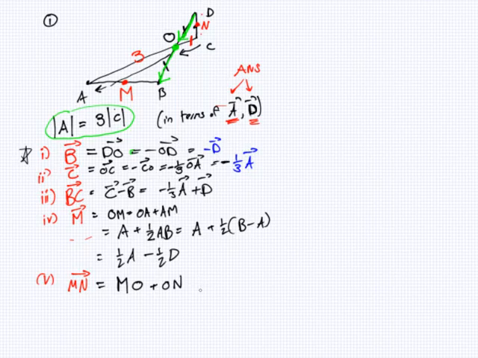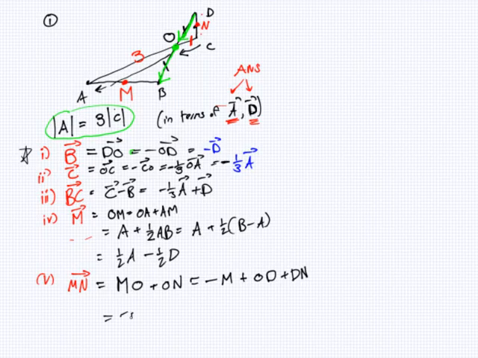What's wrong? No, nothing. MO plus ON, which equals minus M plus, we'll go OD plus DN for ON, yeah? Yeah, that's true.